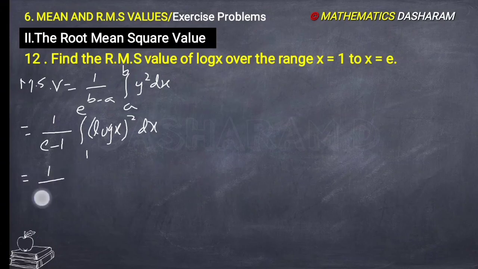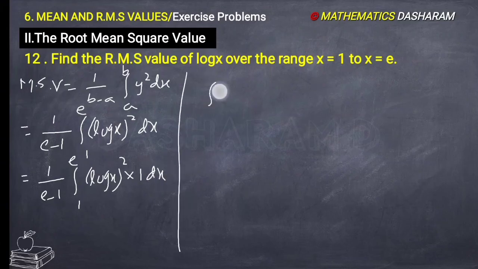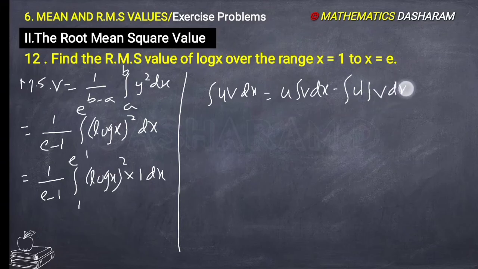So 1 by e minus 1 integration 1 to e of (log x) whole square into 1 dx. Here apply the u into v formula: integration of u v dx equals u into integration of v dx, minus integration of u dash into integration of v dx, whole dx.